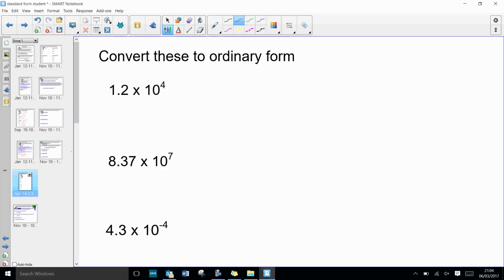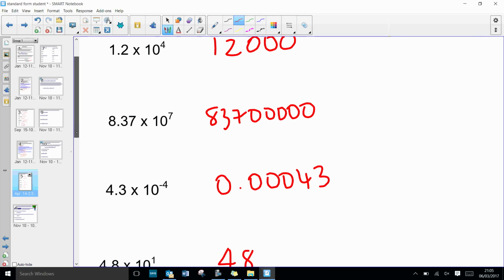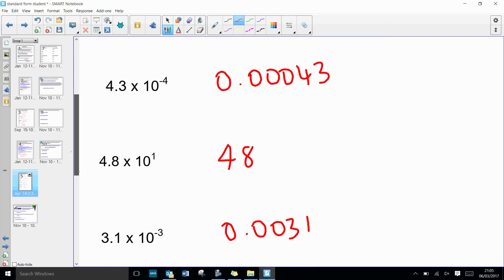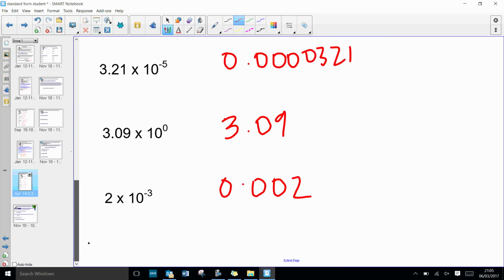And as before, pause the video and have a go at these questions and check them afterwards. Okay, so if you want to check your answers. Now, something I did point out in class, it's not essential to remember this, but if you're trying to convert a number with a negative power, note our negative power is negative 3.